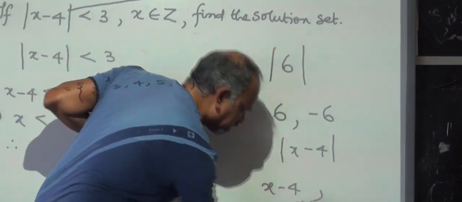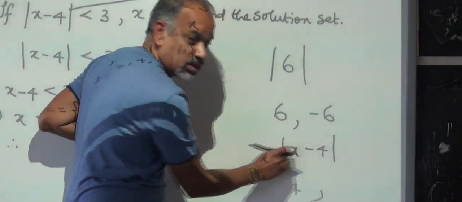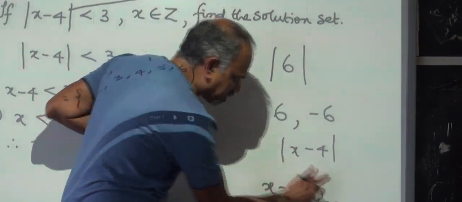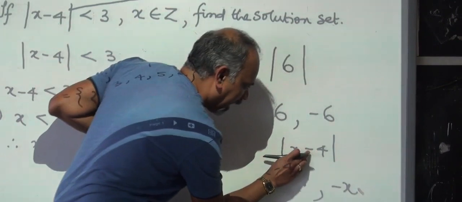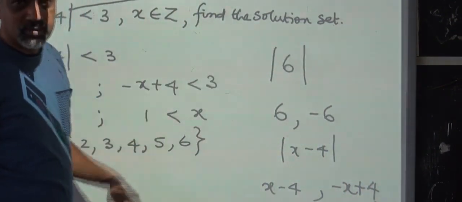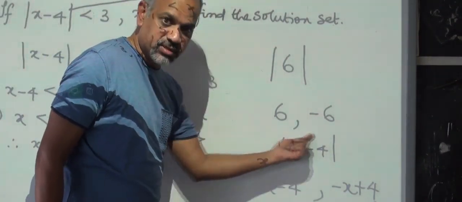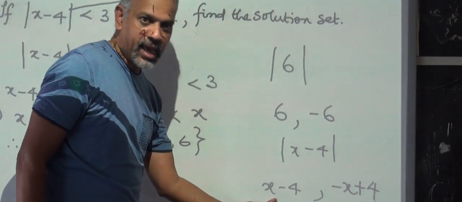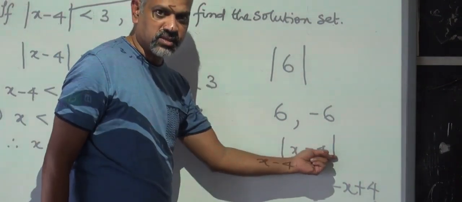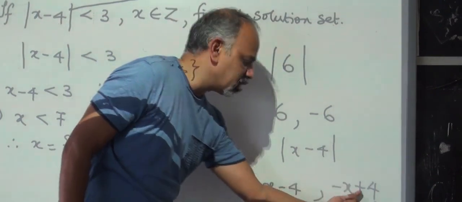And the second value is to change the signs of all the terms. So this becomes minus x and this becomes plus 4. That will be the second value.